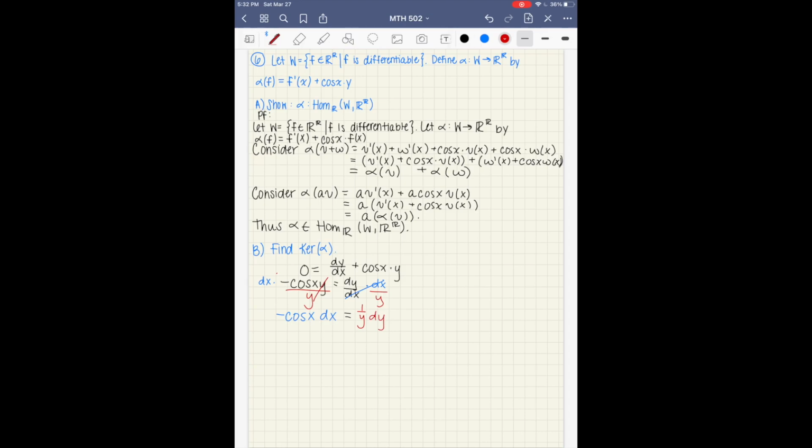So now we can integrate both sides. The integral of negative cosine x dx is negative sine x plus some constant, and that will equal the integral of 1 over y, which is the natural log of y plus some constant.